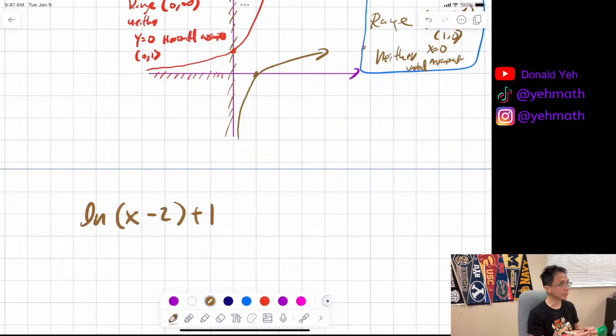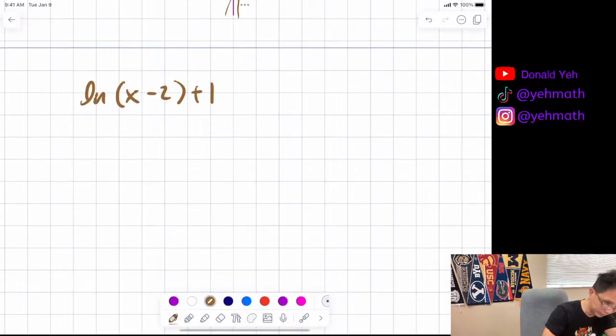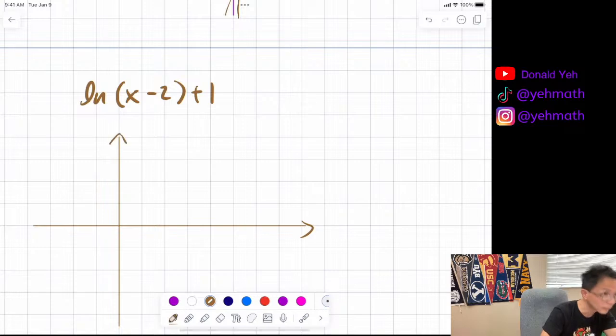Not only graph it, tell me what the domain and range are. Learn how to judge your domain and range, because you have to be able to do that. Neo, can you tell me where the vertical asymptote is for this function?